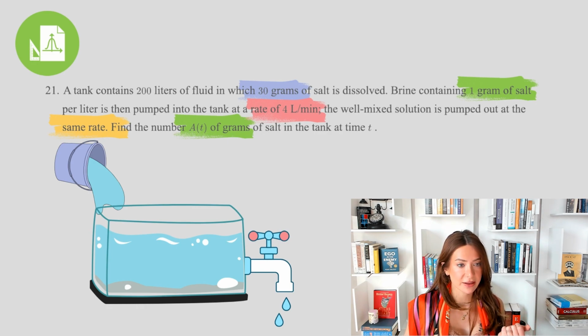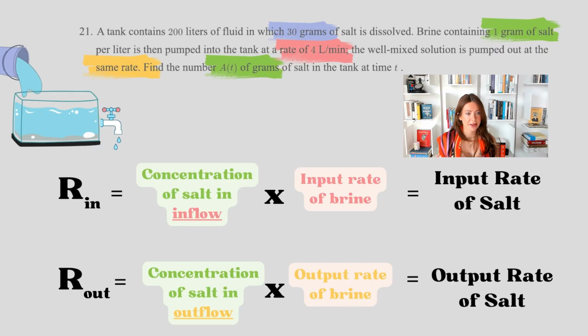And you need to find the concentration of salt in the tank at time t, which is always changing because things are added and things are leaving the tank. Most importantly, I wanted to show that when you stack rate in and rate out on top of each other, you see that there are two ratios that are multiplied together. First is the concentration of salt, and second is the rate of salt.